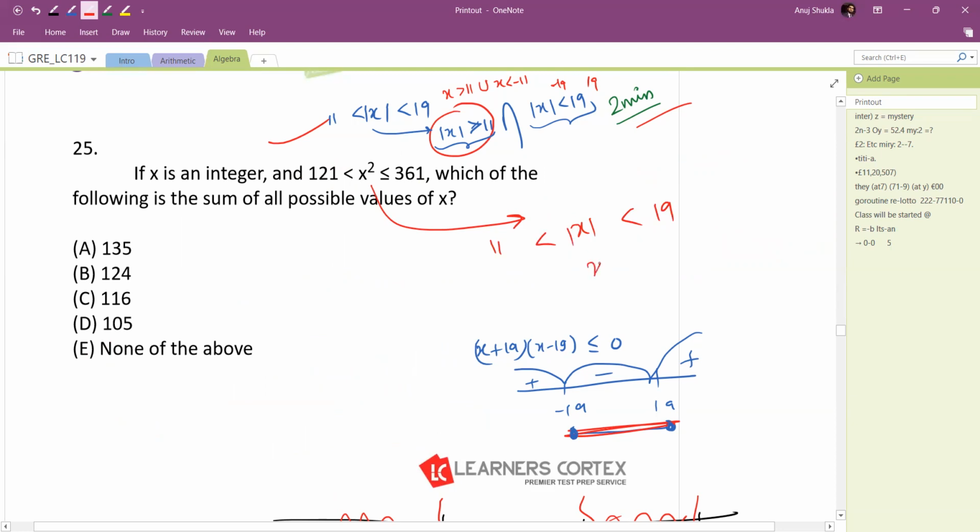Mod x means what? X square should be between 121 and 361, means whatever x value you are taking, it will contain positive sign also and negative sign also. So 11 you don't have to take, but 19 you have to take. So what are the possible values? 12, minus 12, 13, minus 13, 14, minus 14, and so on till 19, minus 19. If you sum it, the answer will be 0.